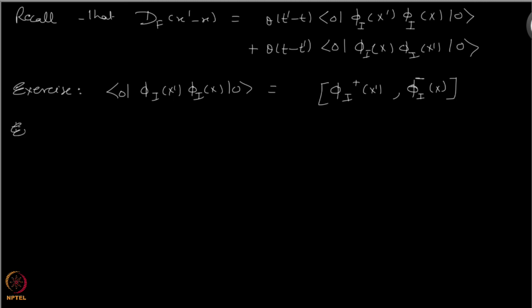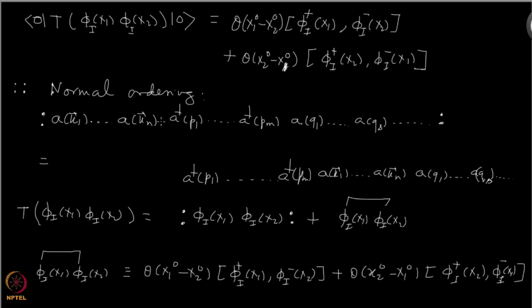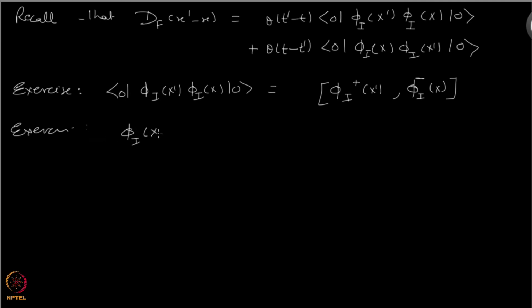With this you can show that the contraction of phi I x1 and phi I x2 is exactly D_F of x1 minus x2.